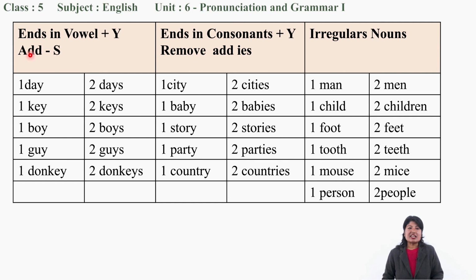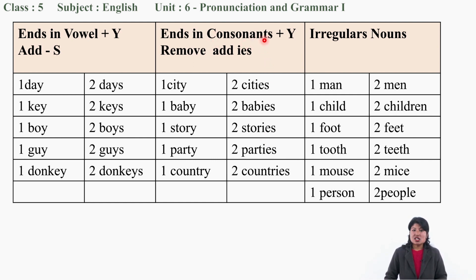Now, if a word ends in a vowel plus y, add s. Day, days. Key, keys. Boy, boys. Guy, guys. Donkey, donkeys. What about words ending in y in a different way? City, cities. Baby, babies. Story, stories. Why is it so?